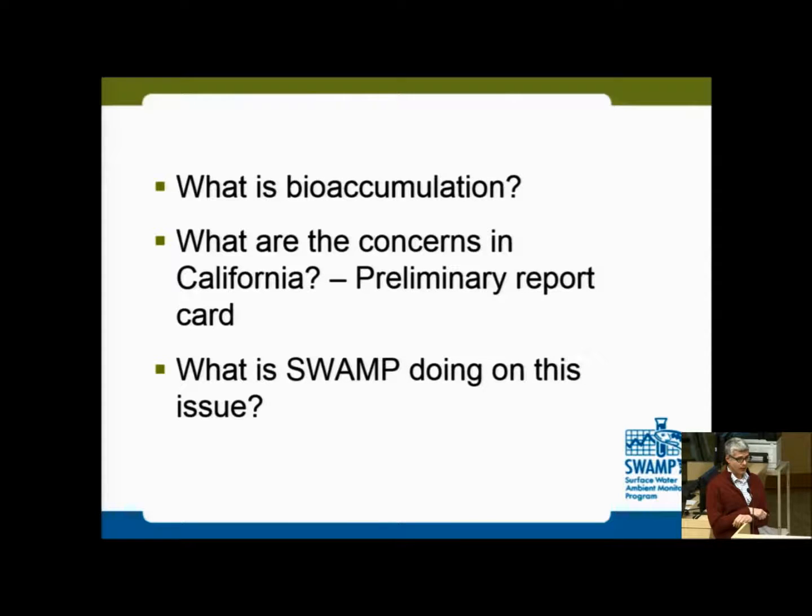And then I'd like to give a general overview of bioaccumulation in California and the big picture on what the concerns are. I'm going to do that in the form of a preliminary report card that's just my own creation. It's not an official SWAMP product, but just something to provide fodder for discussion. And then I'm going to summarize what SWAMP is doing on this issue.